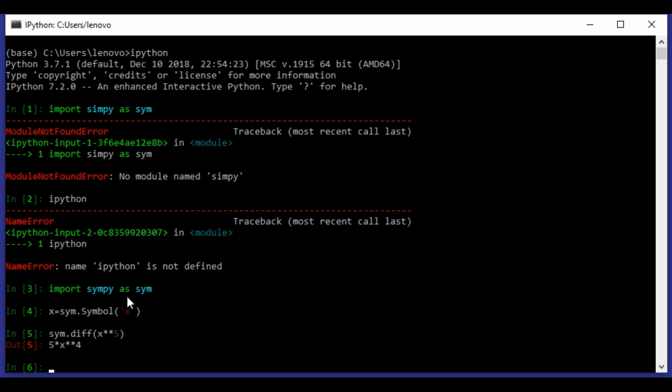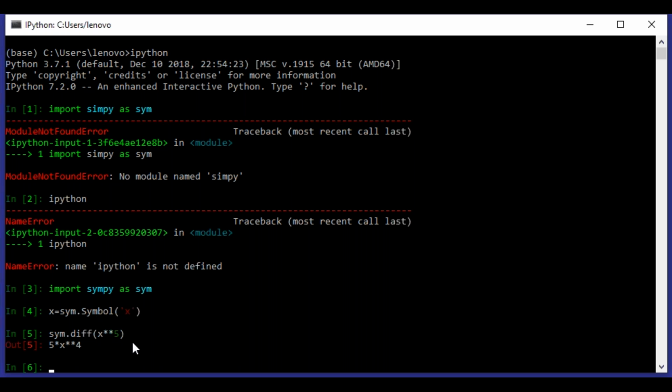If you give import SymPy as SP, then no issues: x equal to SP dot symbol x, and SP dot diff. Here we are finding the derivative of the function x raised to 5. We know the answer is 5x raised to 4. Only that much code is needed for finding the derivative of a function.